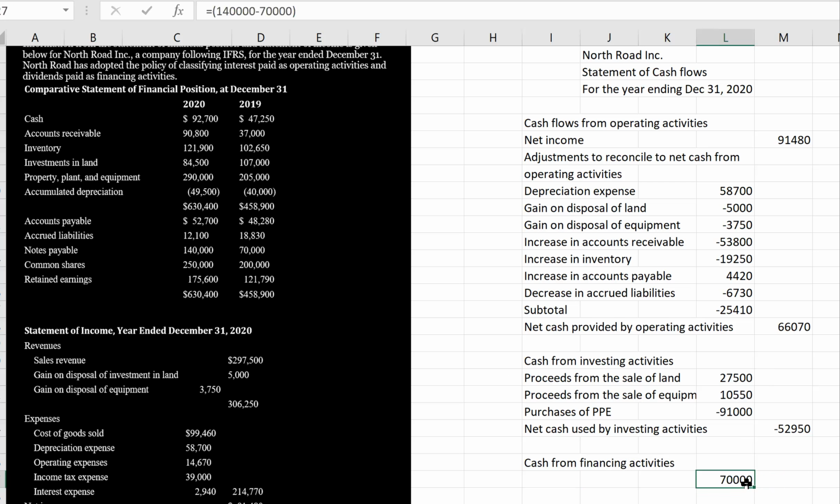So it means we must have received an additional amount of debt of $70,000. So this is going to be a cash inflow. It means we must have received cash for that $70,000 from the bank or from whomever's financing us. So we're going to have, this is going to be called issuance of notes payable.